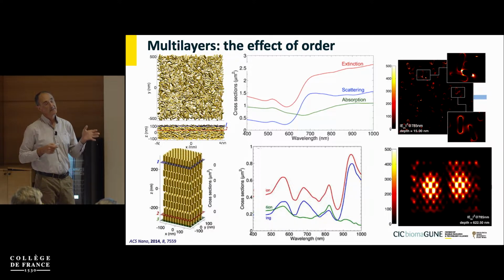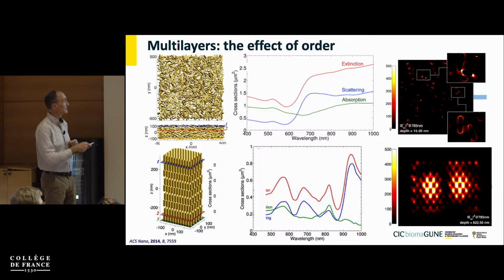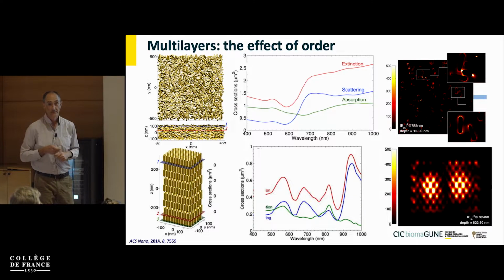So now the challenge was, can we prepare, first of all, ordered arrays of gold nanorods like this? And second, will we be able to bring our analyte in between the monolayers? And so this was a big part of the first ESC grant that I had related to understanding the communication between bacteria.